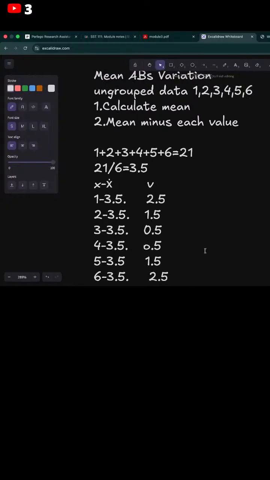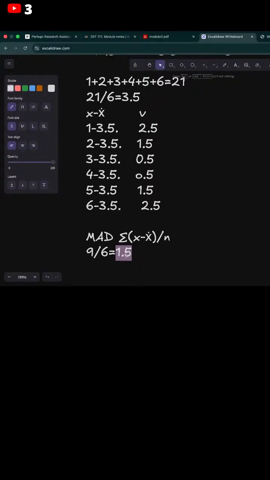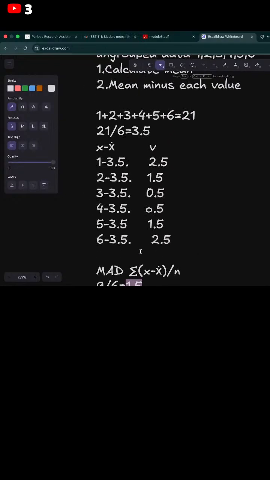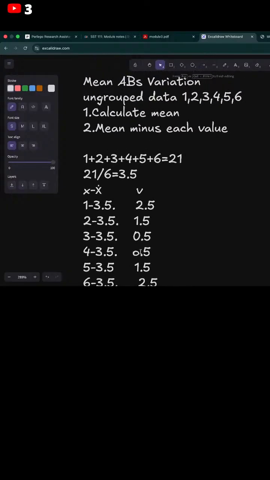And I think maybe we prove it: 1 minus 3.5. I don't know if we can be able to prove this, so maybe we use AI to do that.